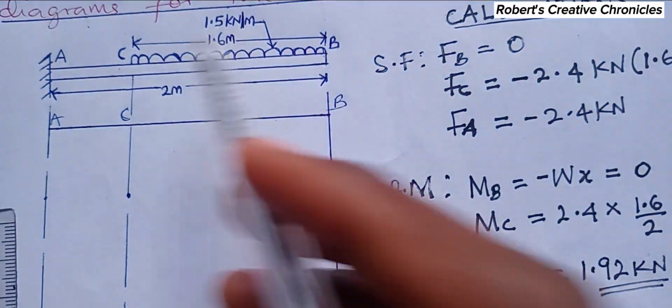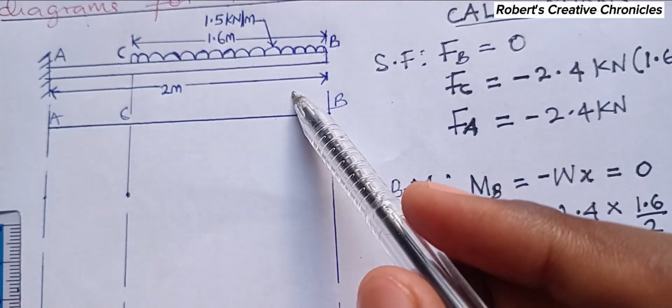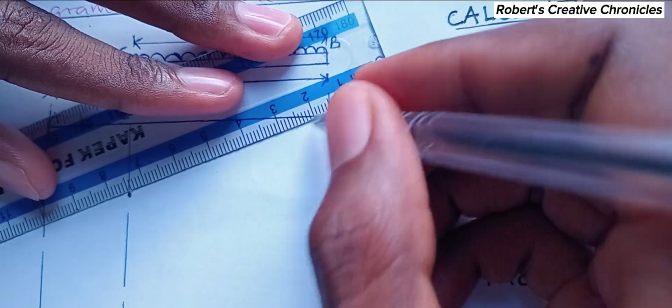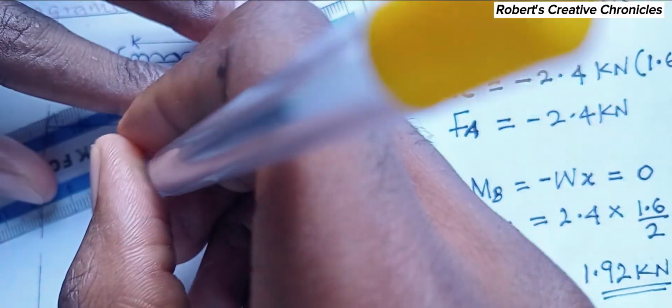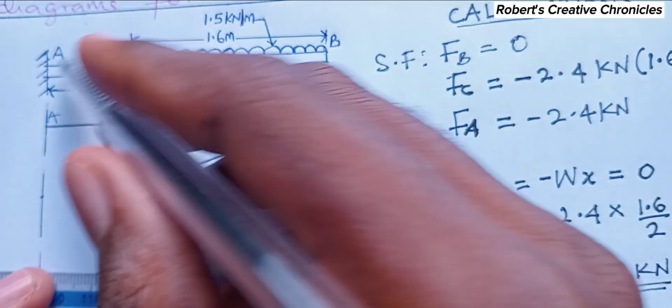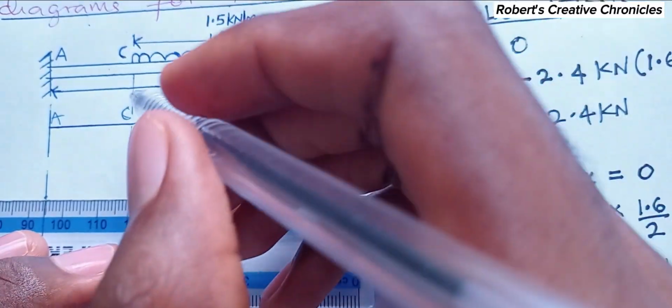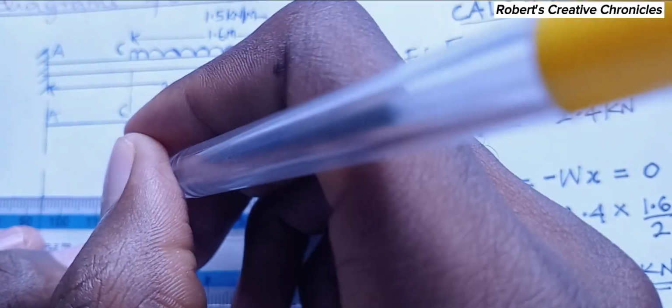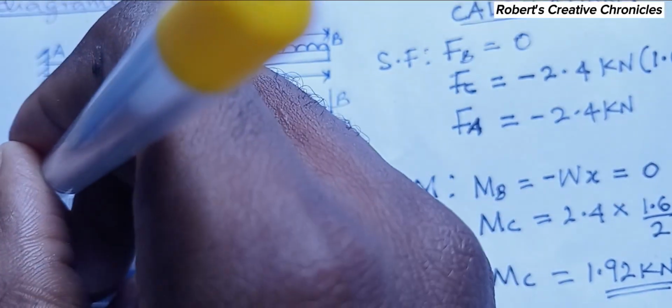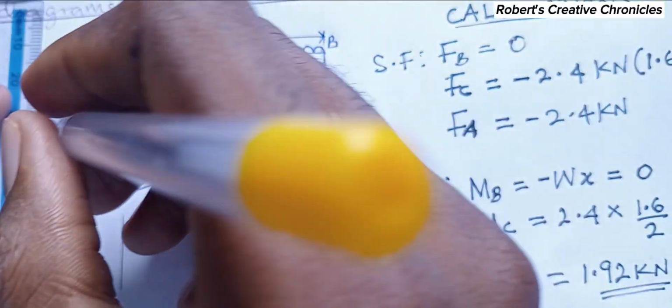When you know that from B to C there's a UDL, you take a straight line curve and join it. Then here there's no load, so you just continue it constant like this, and then you close the curve.